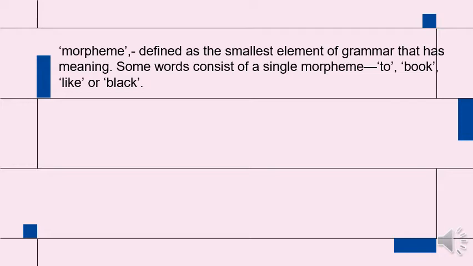Some words can have inflections added to show their grammatical role in the sentence, say book plus s, or black plus er. Others can split up into several morphemes, like mini plus supermarket.